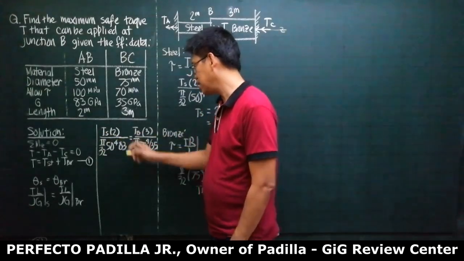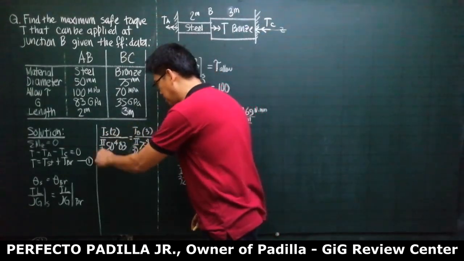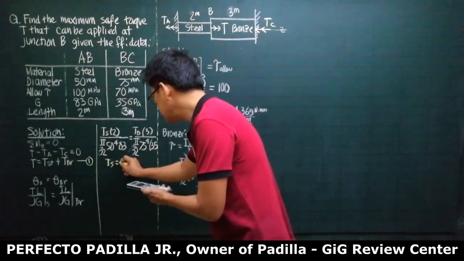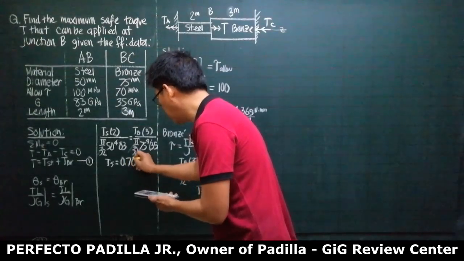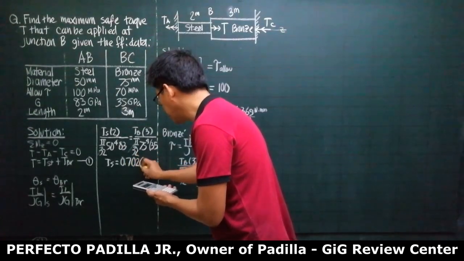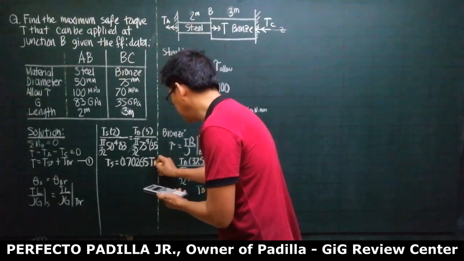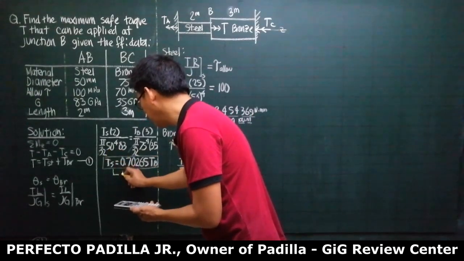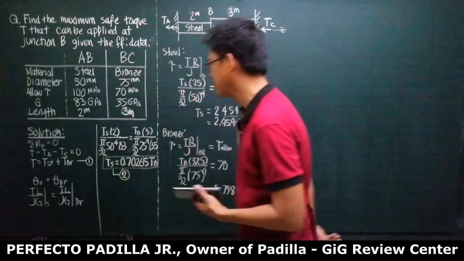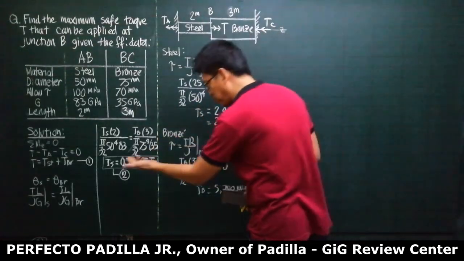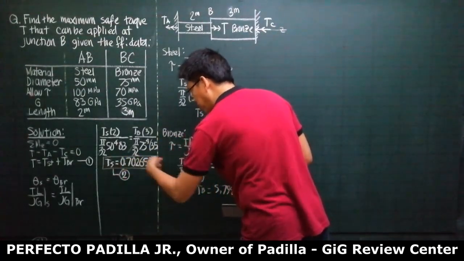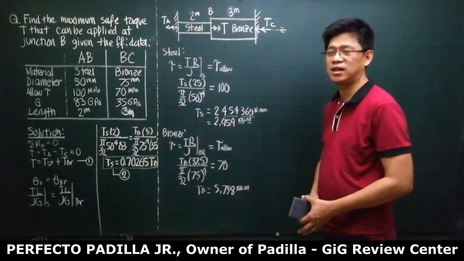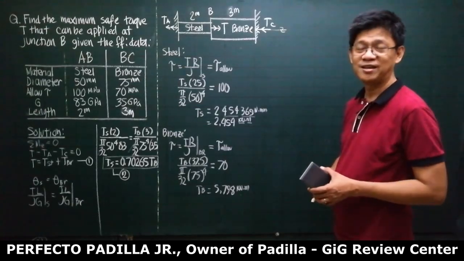Solving TS in terms of TB, you get TS is equal to 0.70265 of TB. Let me call this equation number 2. So the relationship of TS and TB will always be this one, with 2 and 3 meters length of steel and bronze respectively. You get it?